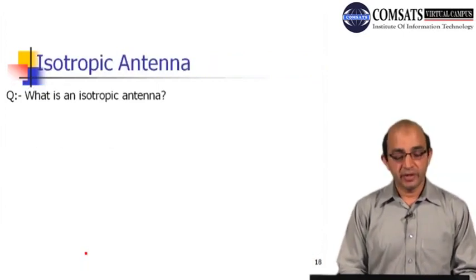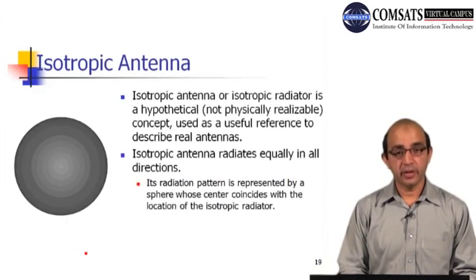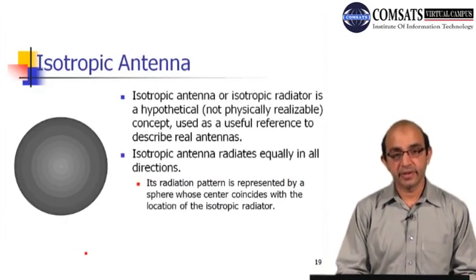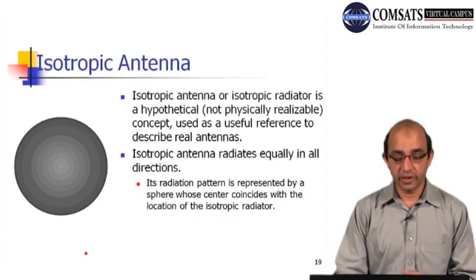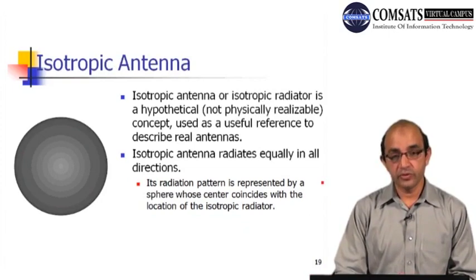So here we have another review question. What is an isotropic antenna? So an isotropic antenna is actually a reference antenna, or you can say an ideal antenna, that does not exist physically. It's a concept, and this concept is used as a reference to describe real antennas, right?